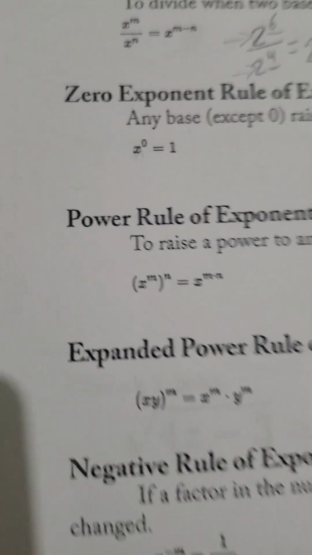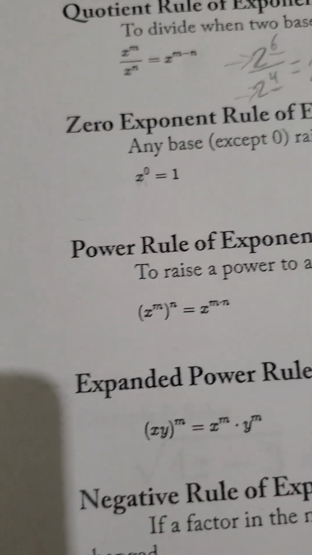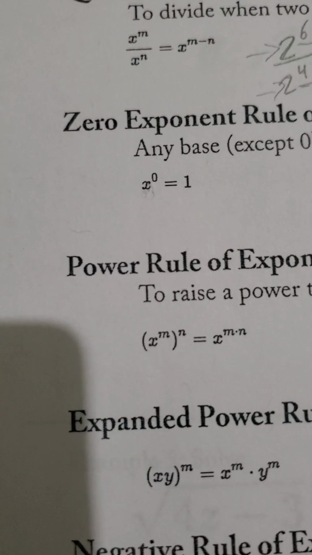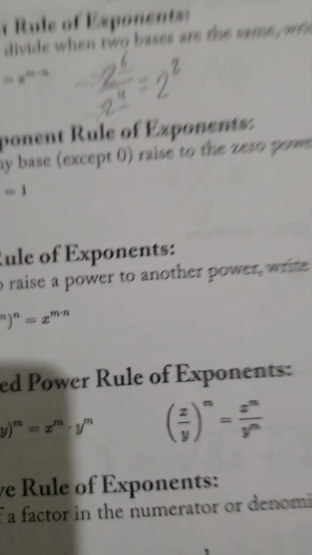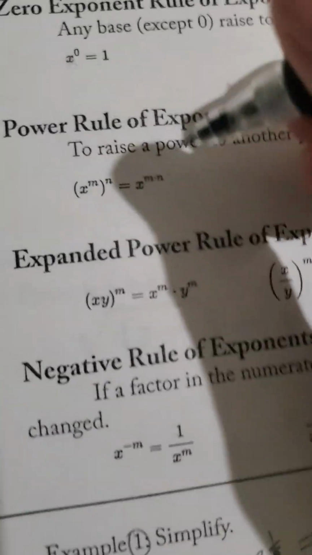Now, the power rule of exponents is a bit more complicated. I'll read it first this time before I write it out. To raise a power to another power, write the base and multiply the exponents. I will show you an example here. So we'll have 3 squared to the 5th, right?